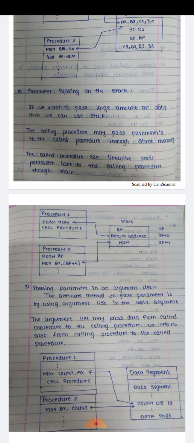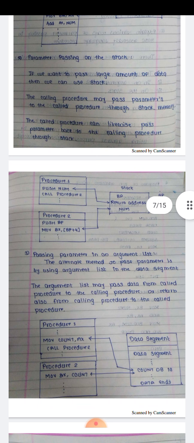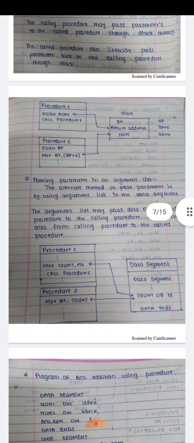Then passing the parameters in an argument list means we have written the procedure, then we have written the program, then call procedure 2 is written, means the parameter is passed to the segment. In the segment the parameters are taken and again passed to the procedure, which is called passing parameters through the argument list, right? So these are some ways in which you can see how the program execution control transfers from one point to another with the help of a procedure.